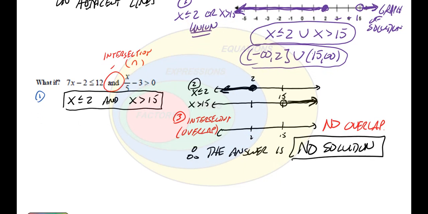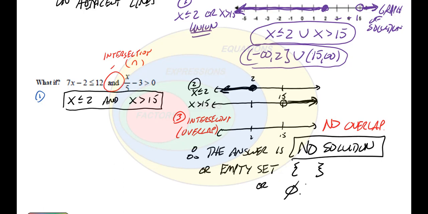Now, with sets, there's different ways to say that. No solution is totally fine, but you might see the empty set to signify no solution, or that there are no elements in the set. An empty set is usually symbolized with two set brackets with nothing in them, or a circle with a line through it.